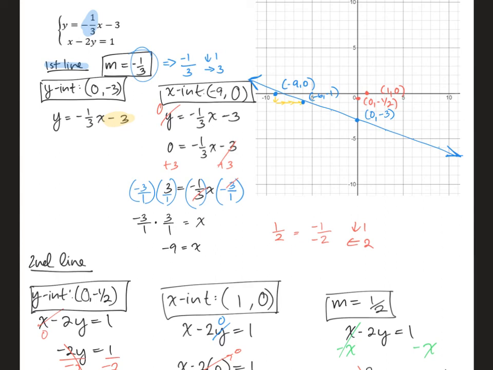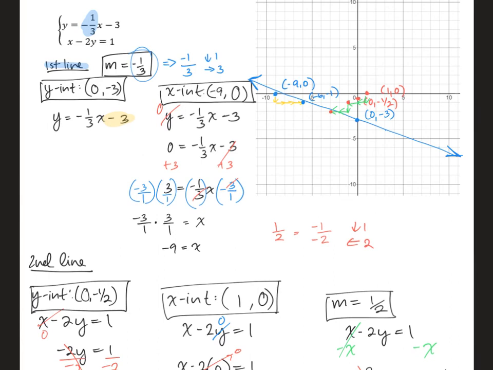So let's go ahead and count this out. Down 1 over 2, 1, 2. So that's 1 point there. Now I'm going to keep going until I actually find the actual intersection point. Down 1 over 2. Alright, so it looks like they intersect somewhere around here.